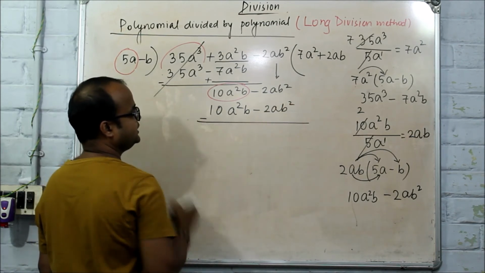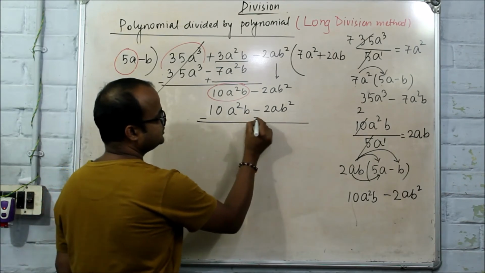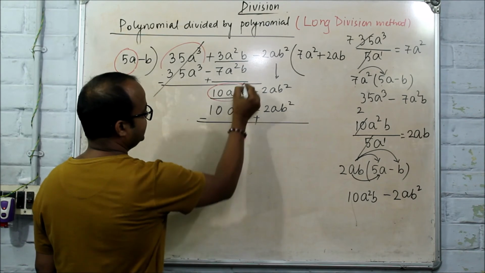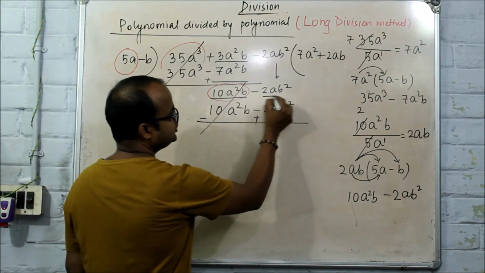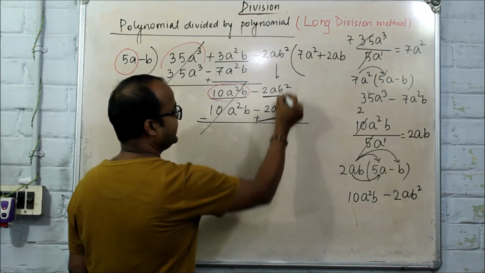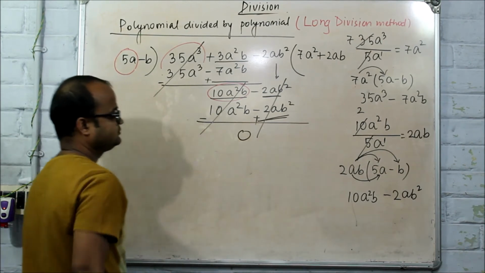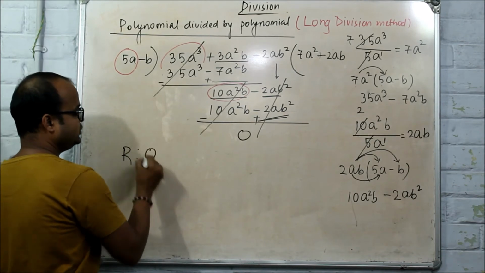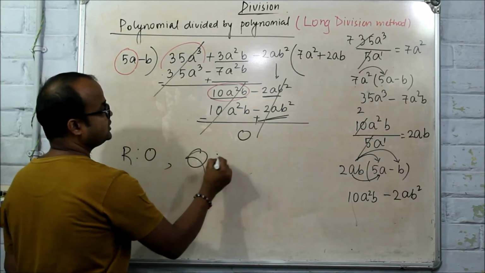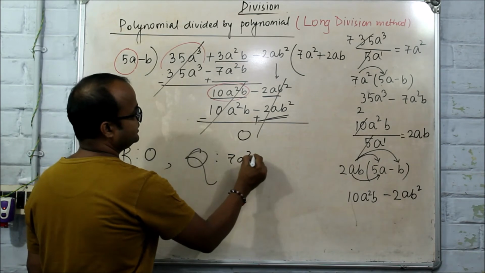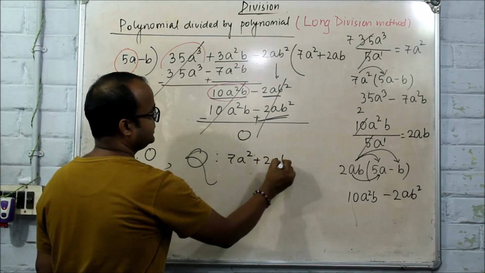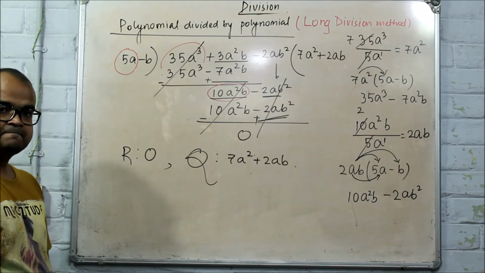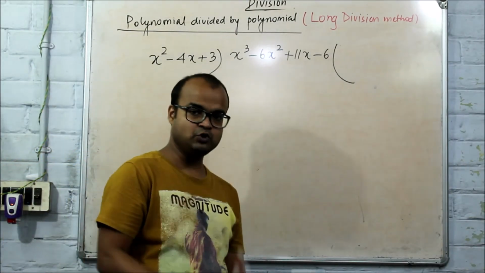Plus, so this sign will change to minus. This is minus, so this sign will change to plus. Plus 10a square b minus 10a square b, cancel. Minus 2ab square plus 2ab square, cancel. So here remainder is equal to 0 and quotient is equal to 7a square plus 2ab. Clear? Let us discuss one more problem.